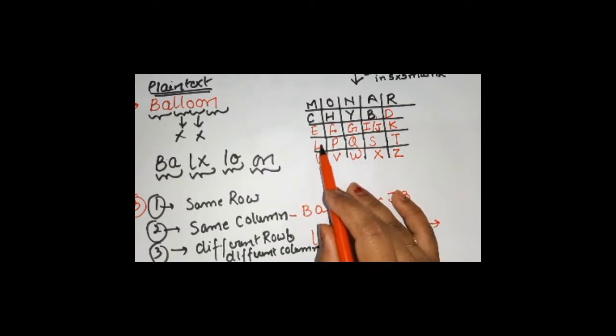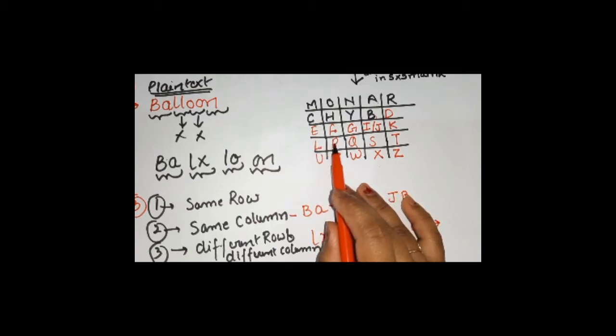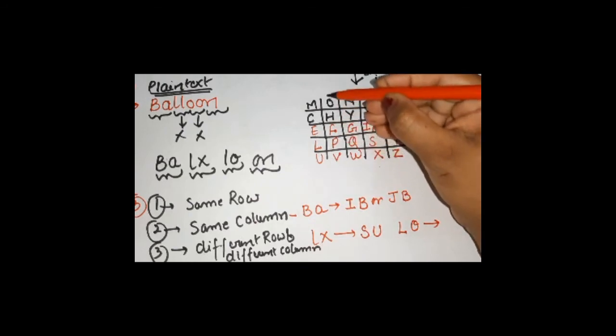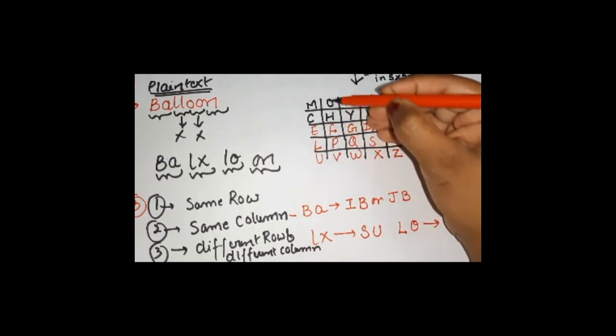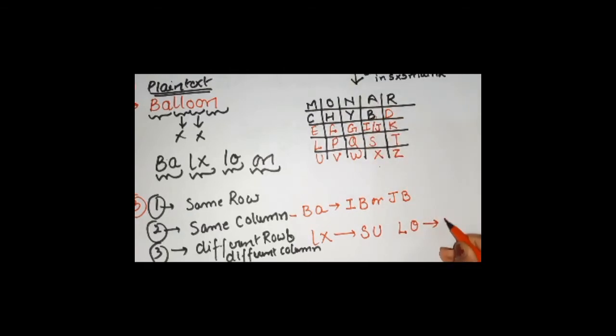You will find the alphabet in its own row and the column of the other plain text, which is P. L will be replaced by P.